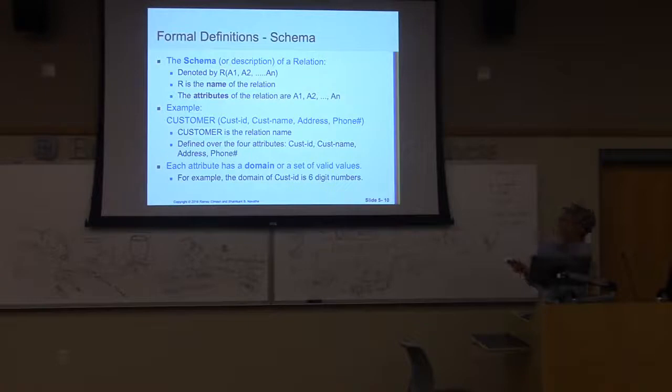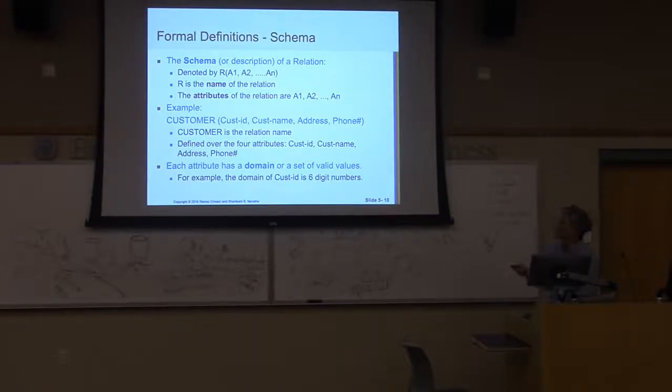So for example, Customer is the name of a relation, and these 1, 2, 3, 4 are the attributes. Our goal is to find the attributes to create the database. Then what can be the key of the Customer relation? Customer ID can be the key attribute.